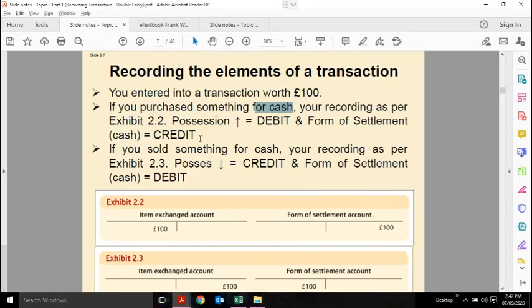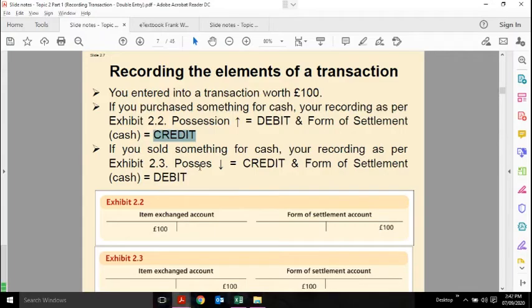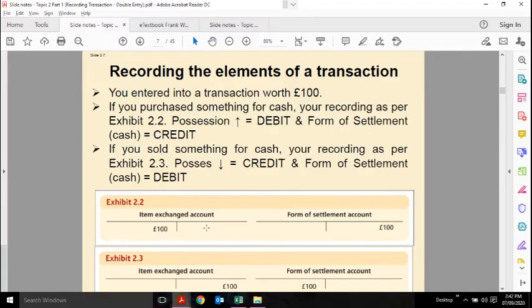Therefore, the other contra, the other double entry, you need to record as credit, because the possession of your cash becomes lesser. That's why you record it as credit here. So this is your cash account, it becomes less 100.